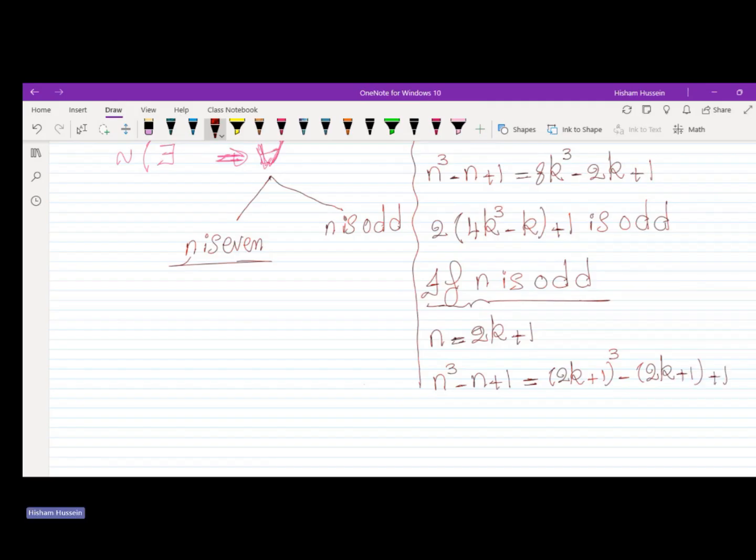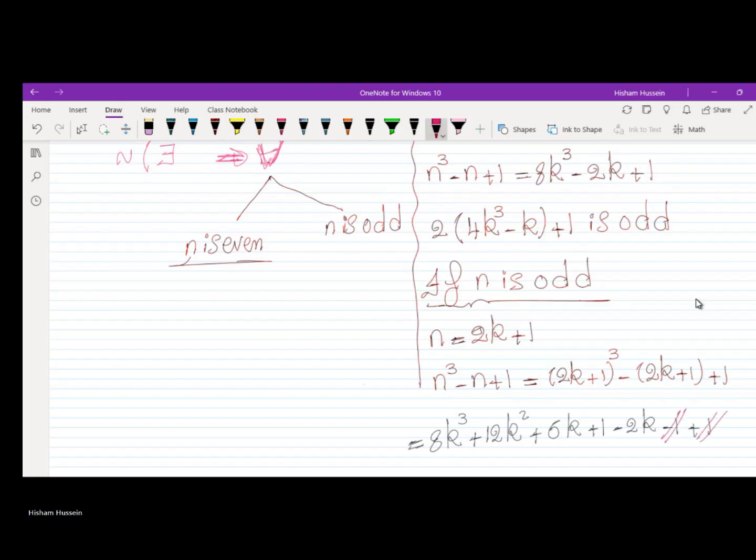Expand the perfect cube: the first cube, which is 8k cubed; first square times second times 3, where first square is 4k squared times 3, so 12k squared; first times second square times 3, which is 6k; plus 1.